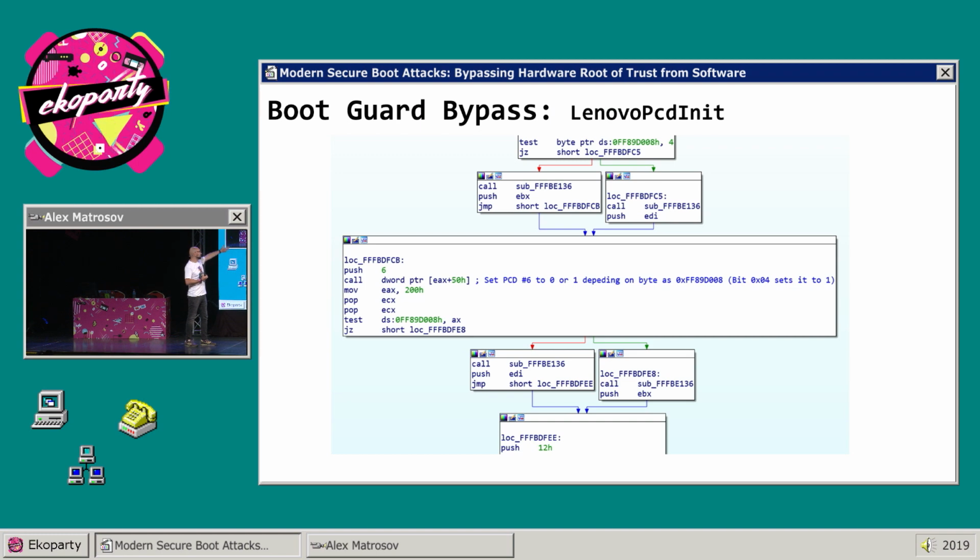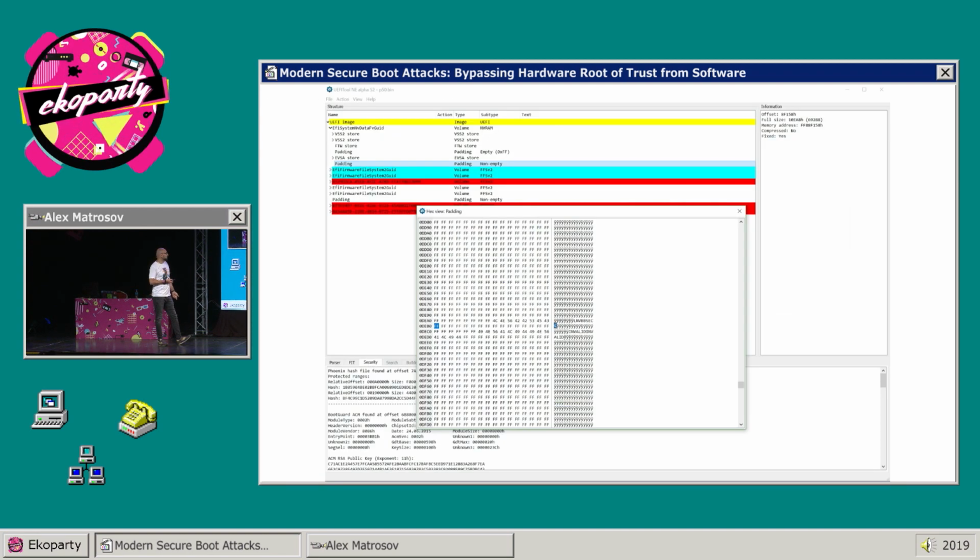When I reverse engineered the Lenovo PCD init driver, I found a check that verifies this value. If this value is true, it disables Boot Guard, even if it's enabled on your system. It sounds clearly like a backdoor, or maybe a recovery or support mechanism, I don't know.